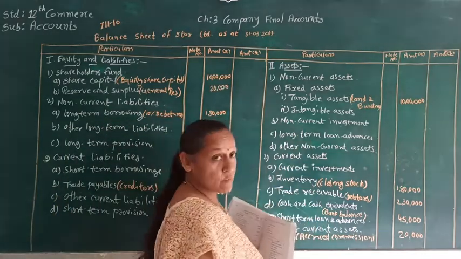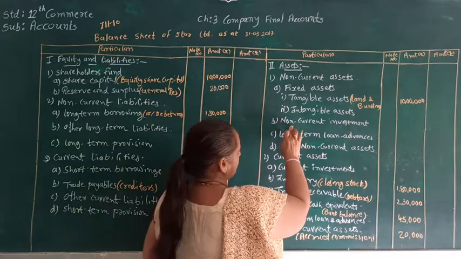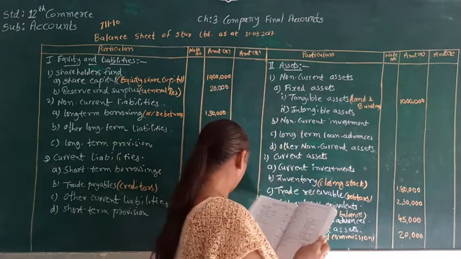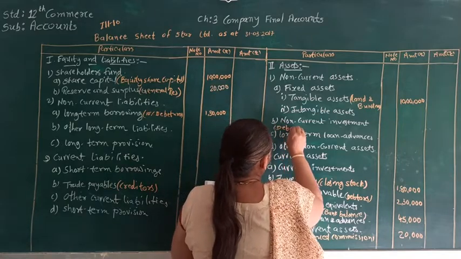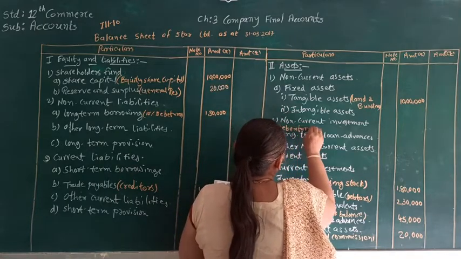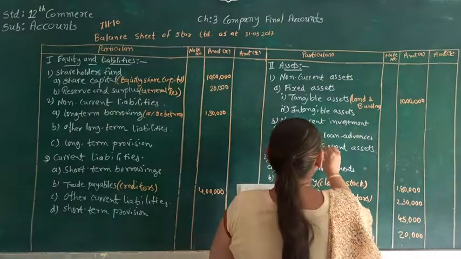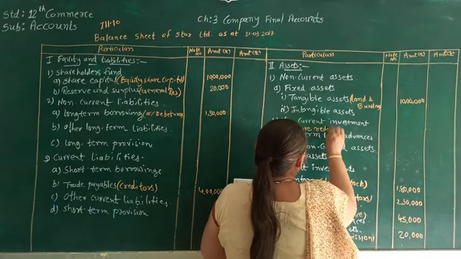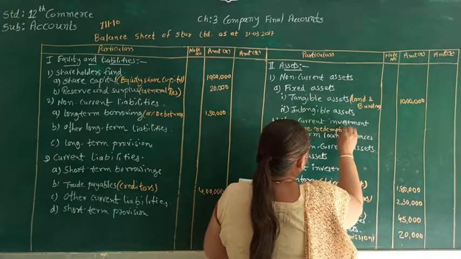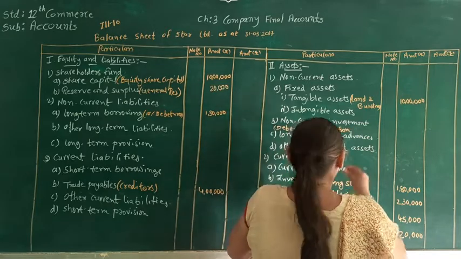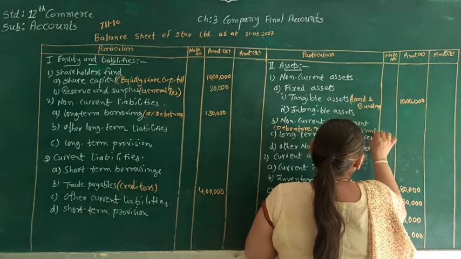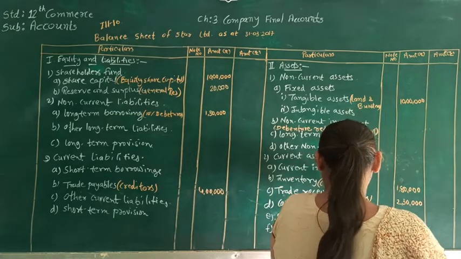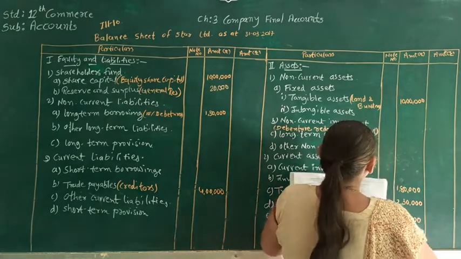So that's supposed to be written under the head non-current investment, and that is debenture redemption fund investment, and the amount of that is 30,000.